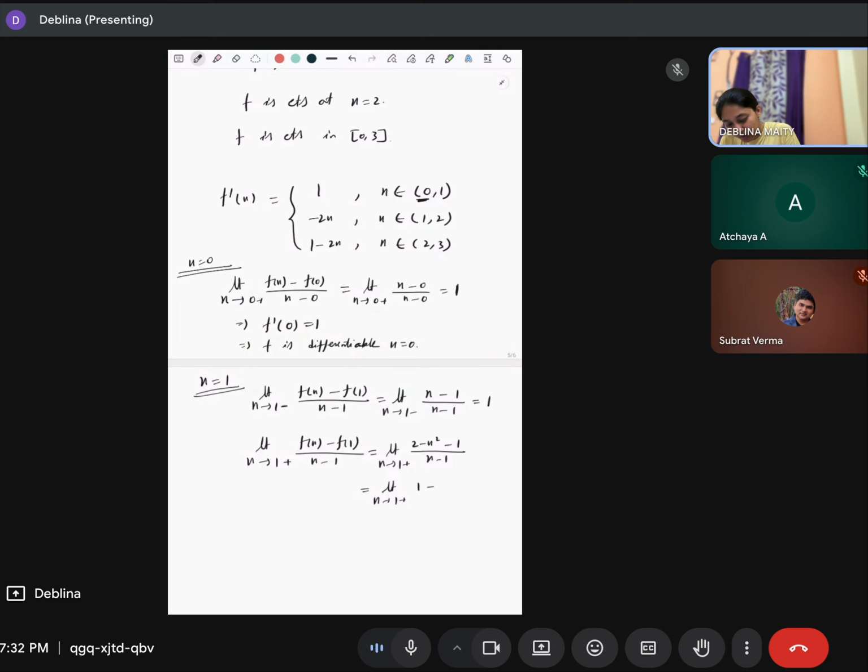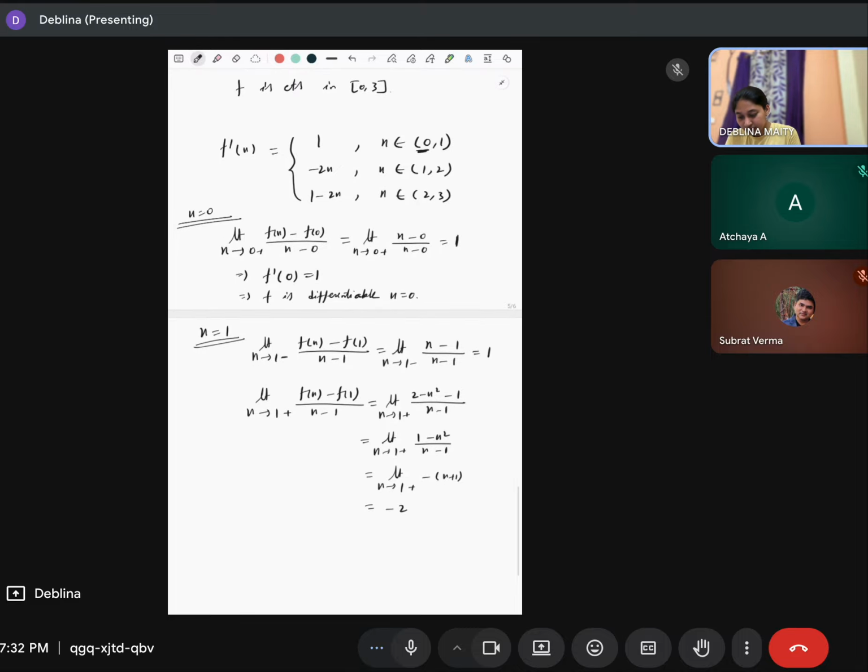So it is (1 minus x square) by (x minus 1). So it will be the limit as x goes to 1 plus of minus (x plus 1), right? So it will be minus 2.